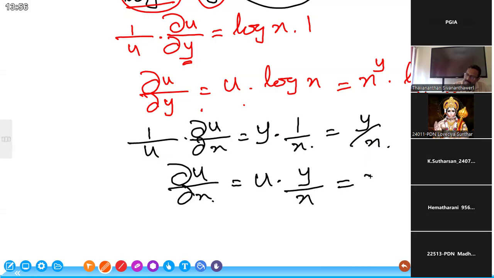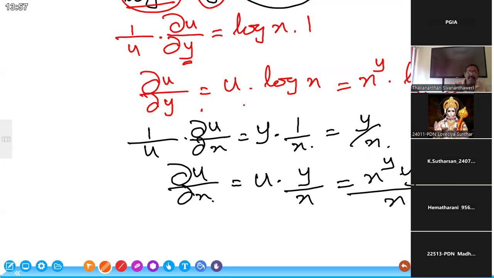We know u is x to the power y, into y divided by x. Got it? Clear? Right. You can think about it further.